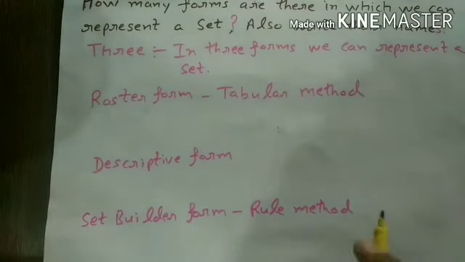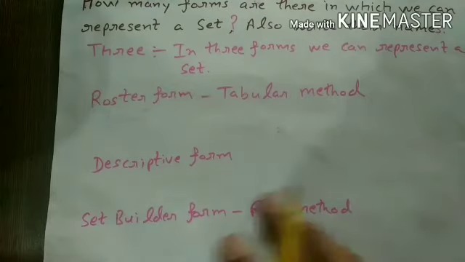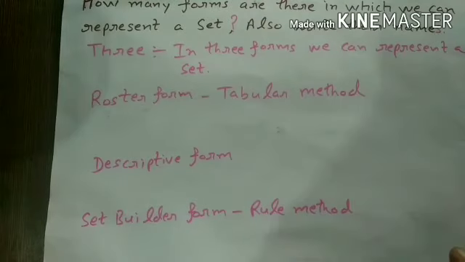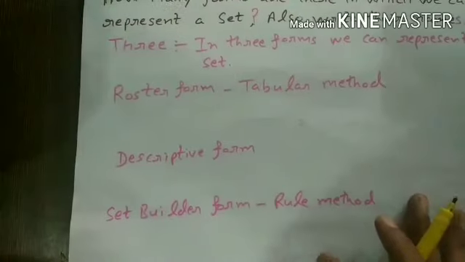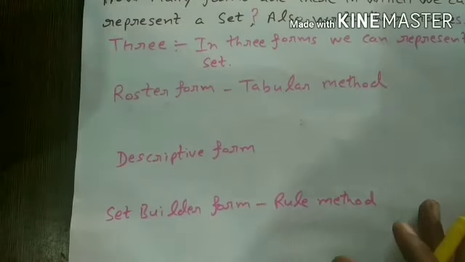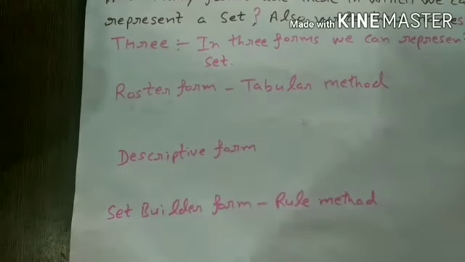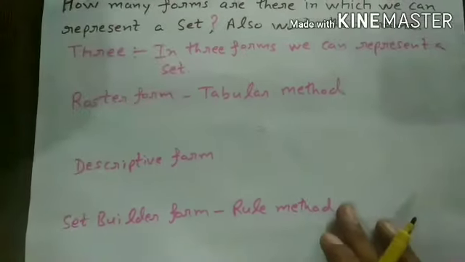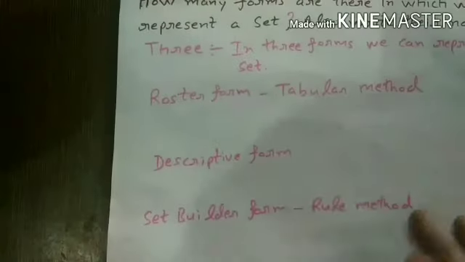Now I will give you an example so that the concept may be clear to you. For this I will take an example of English alphabets. From the English alphabet, I will choose the vowels. How many vowels are there in the English alphabet? You know. If you have to write those in roster form, then how will you write those?